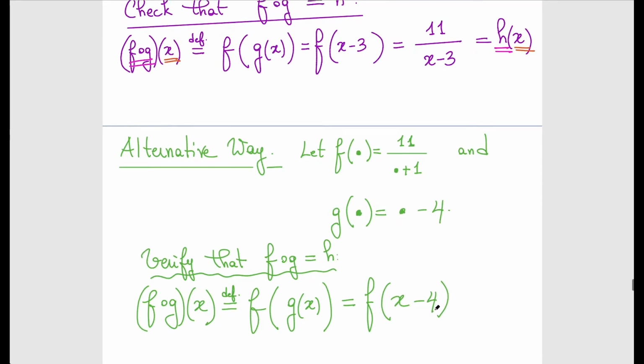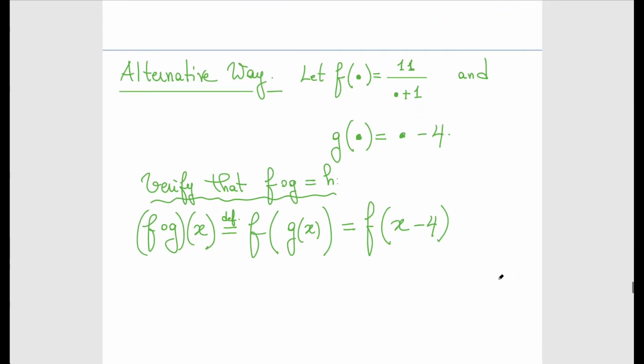Correct? And finally, we're gonna take a look at how f operates. Well, f of anything is 11 over the thing plus 1. And my thing happens here to be this guy, right? x minus 4. So f of x minus 4 is 11 over x minus 4 plus 1, right?